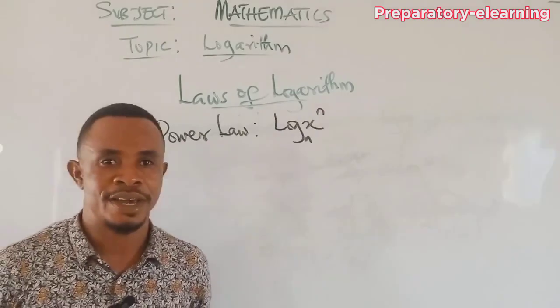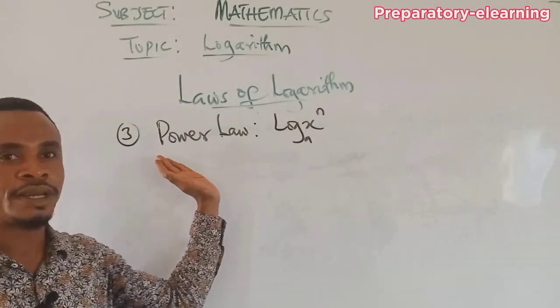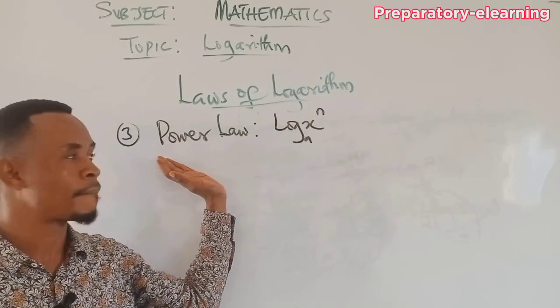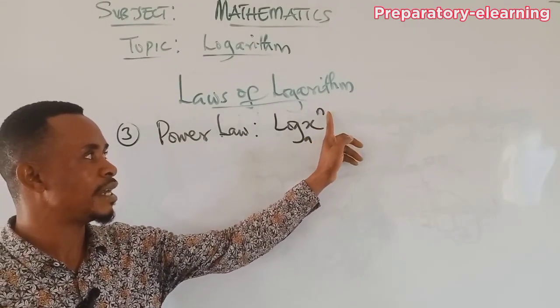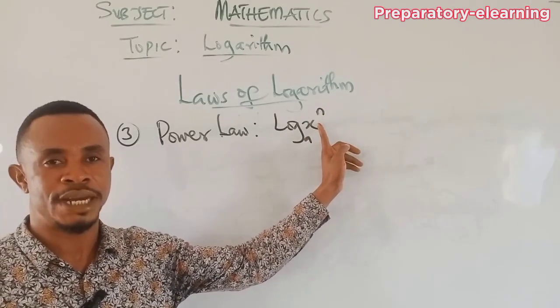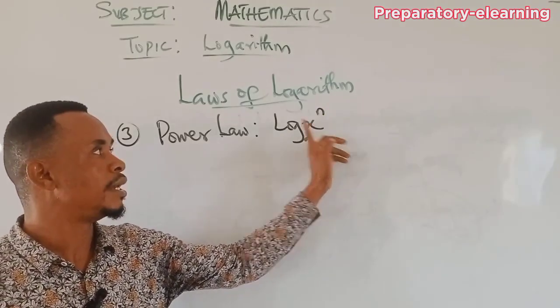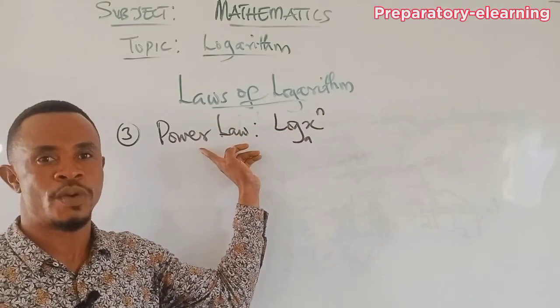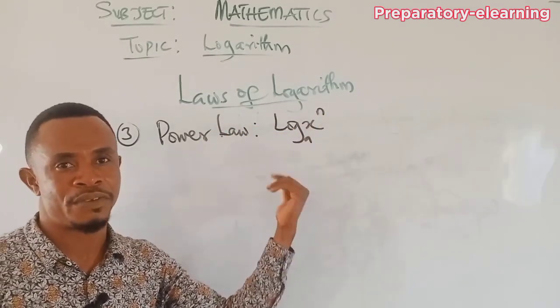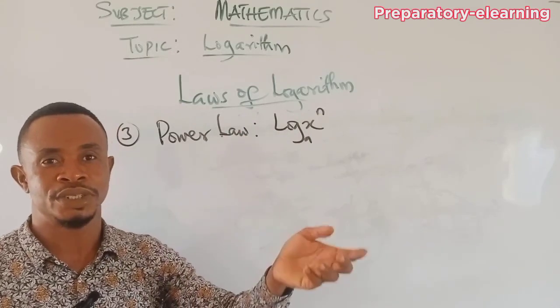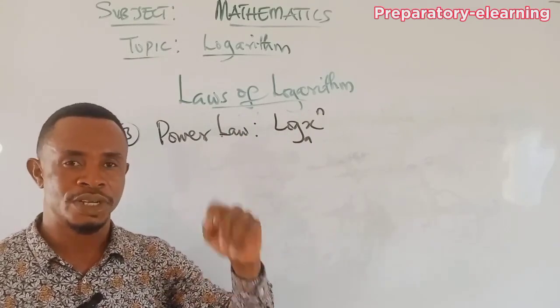The next law we have here is law number 3, which is the power law. Look at this. Because of this power n that is here on this x, which is assumed as a number, is the reason why we call this power law. But how do we solve this? We have already applied this in our previous simple application to addition law and to subtraction law.